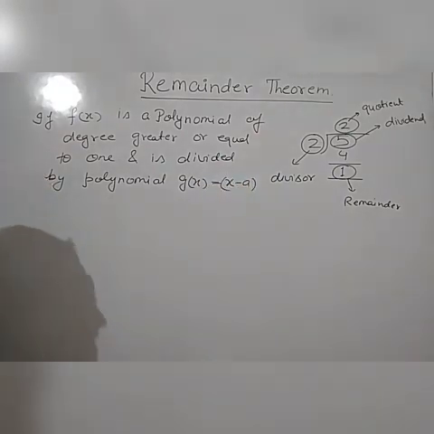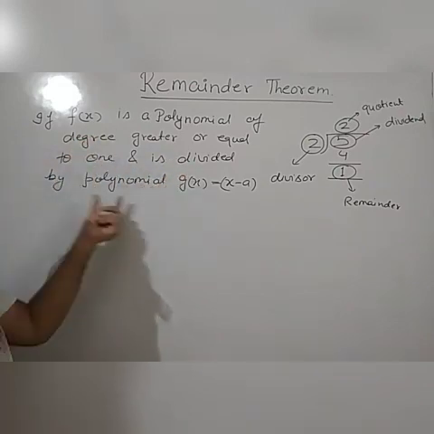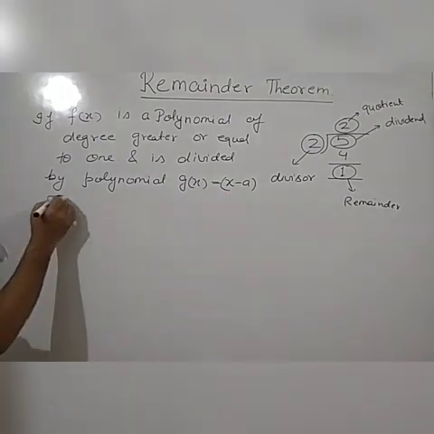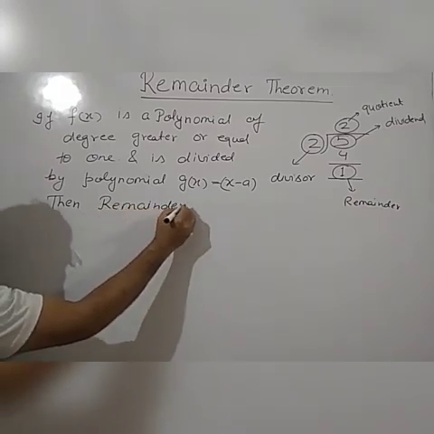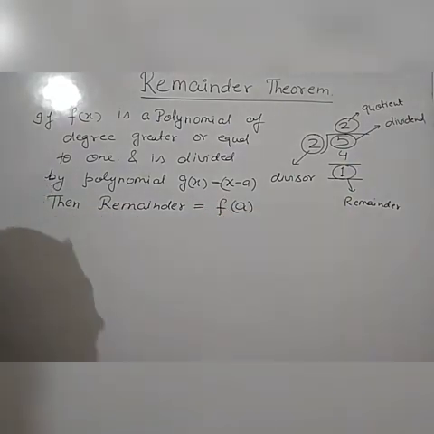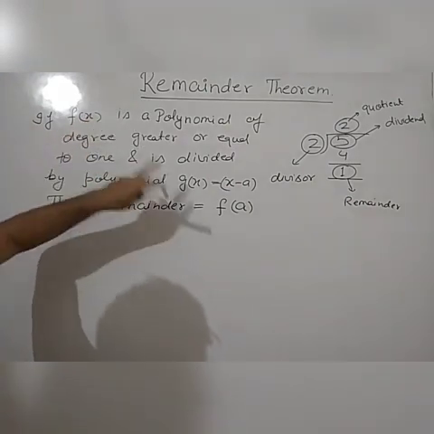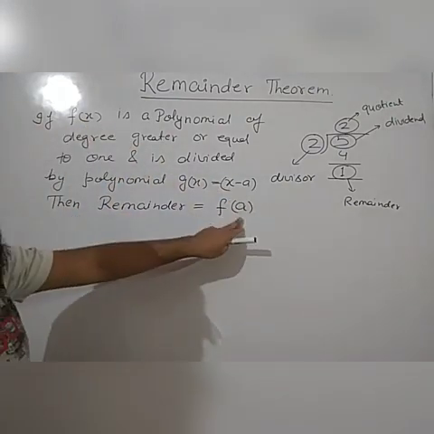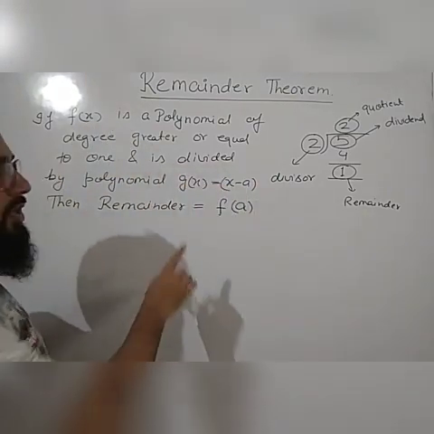for example, if f(x) is a polynomial of degree greater than or equal to 1 and is divided by another polynomial g(x) = x minus a, then the remainder will be equal to f(a). It means in this polynomial, if we put x equal to a, then f(a), that is the value of this polynomial at x = a, will be the remainder.